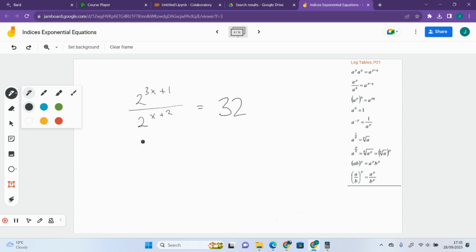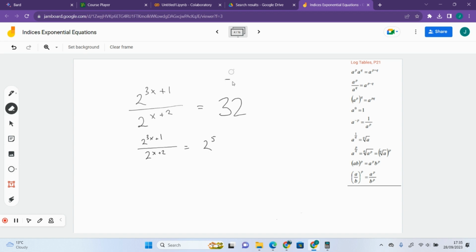I'm going to just rewrite this line: 2 to the power 3x plus 1 all over 2 to the power of x plus 2 is equal to. Now this one is a multiple of 2, but I can also say it's 2 to the power 5 or 2 to the power 6. So 2 by 2 is 4, by 2 is 8, by 2 is 16, by 2 is 32, so it's 2 to the power 5. Okay, so I can rewrite like that.